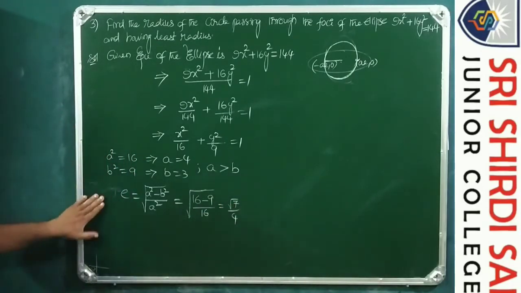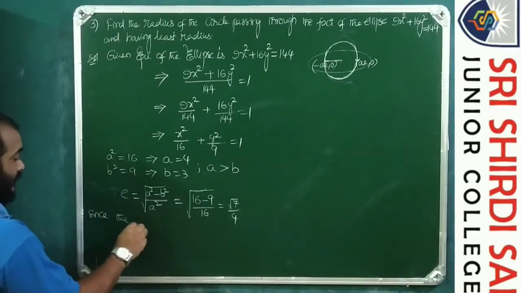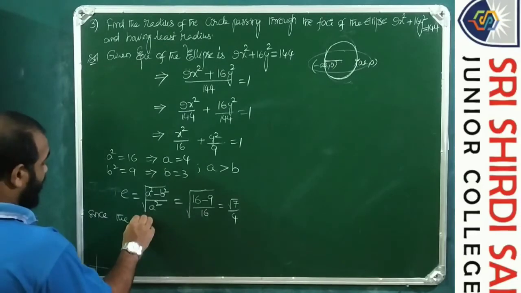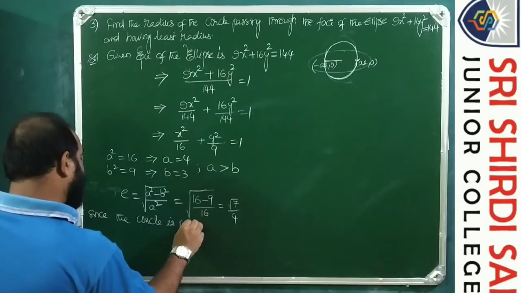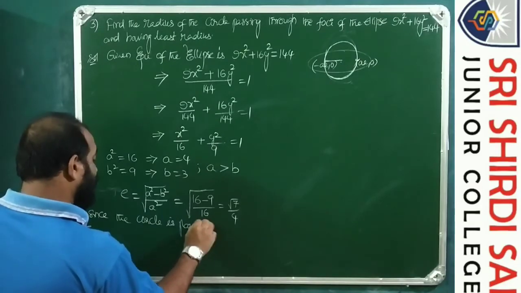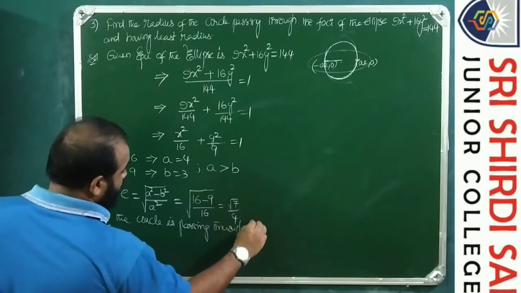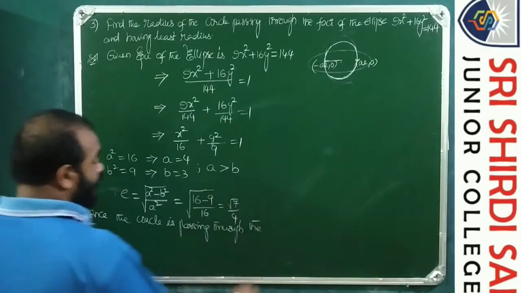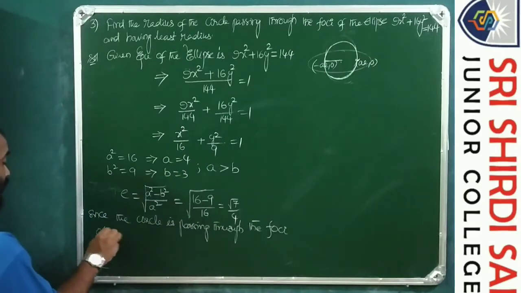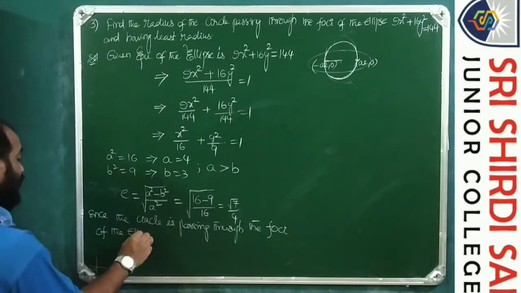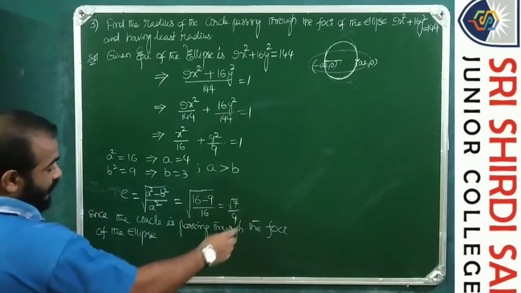Since the circle is passing through the foci of the ellipse, what is the focus?